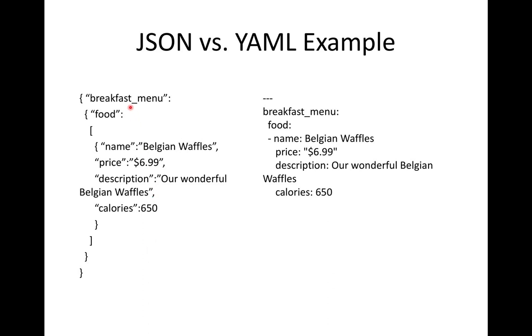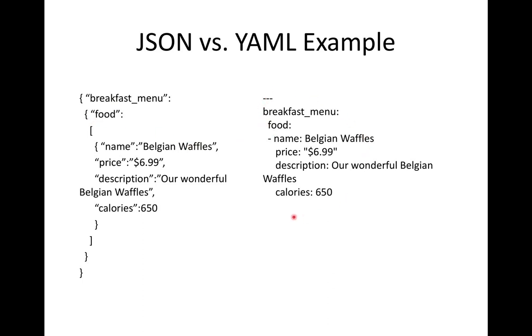Now, the benefit of the JSON format is that we don't have to worry about white space. We don't have to worry about indentation. You see the data is indented here, but that's purely for readability reasons. This could all be in one big line, and our application wouldn't care because it would be able to parse it properly.